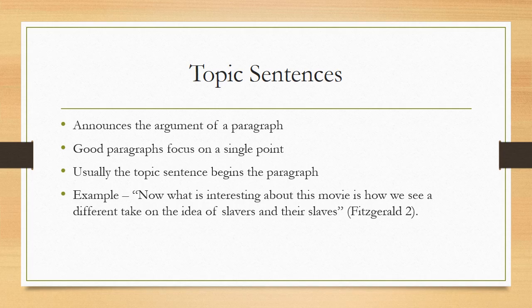What is one way the film does that? Well, by showing slaves and their relationship to their masters in a very different way. And so you've got a clear connection to the thesis, a clear argument position, and a clear idea of what this first body paragraph is about.